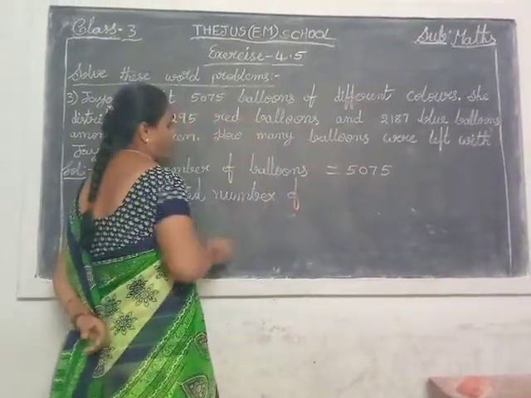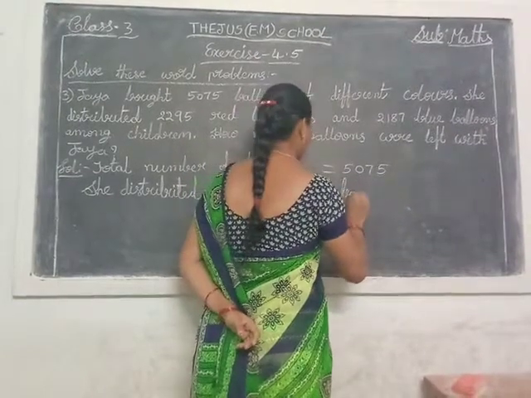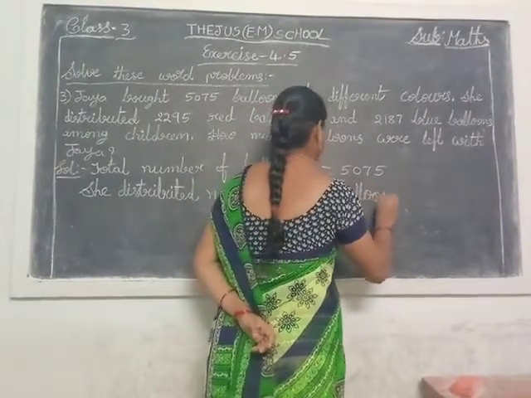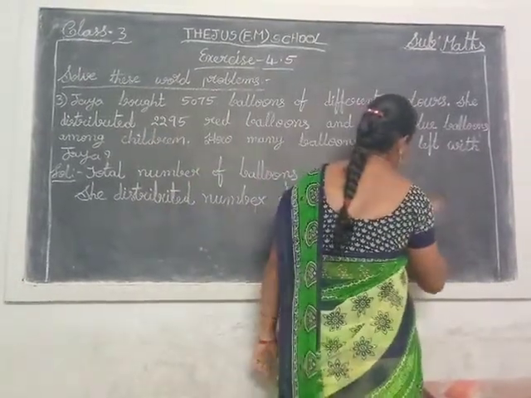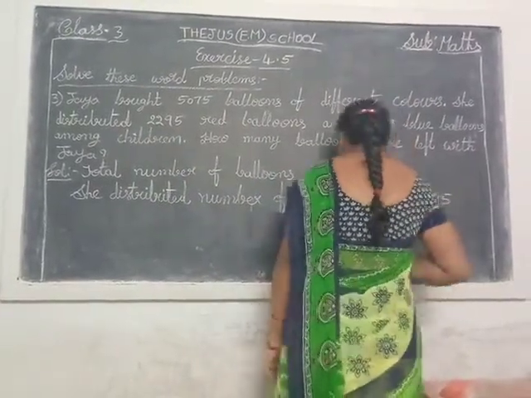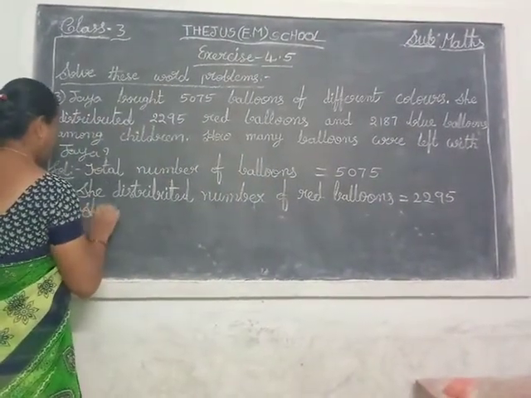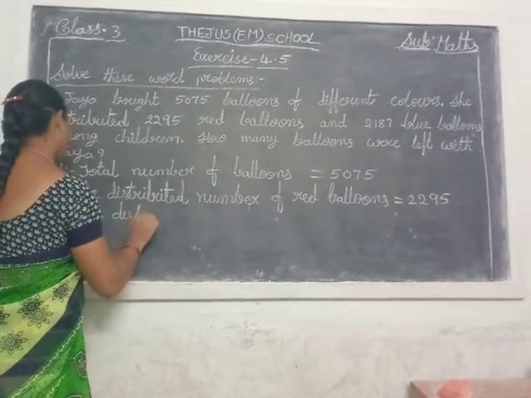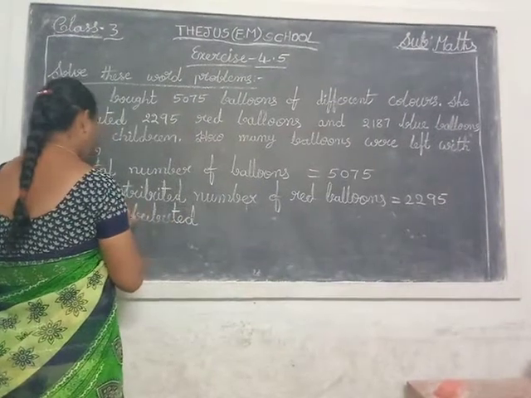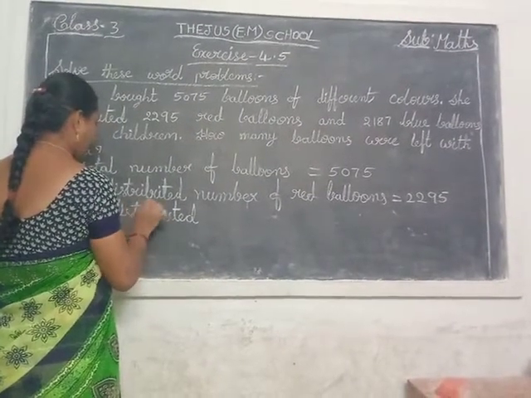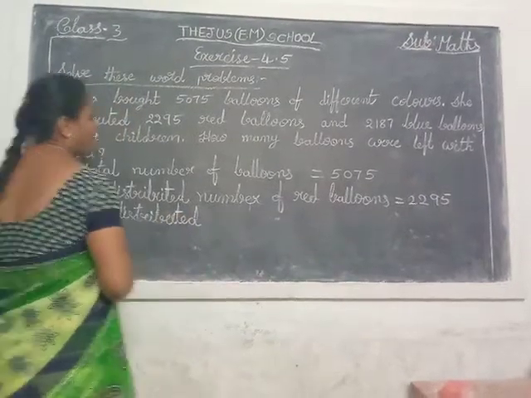First color is red color. So red balloons you write first here. How many? 2295. Again, she distributed which color?